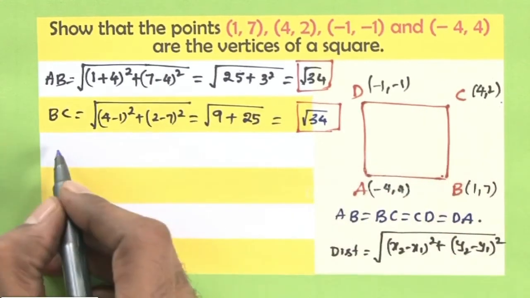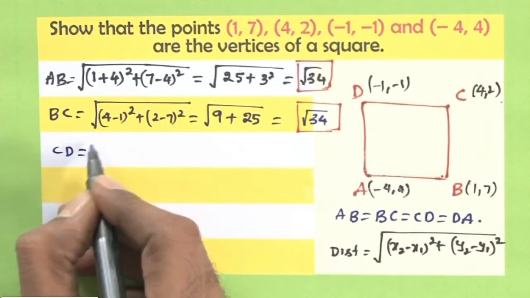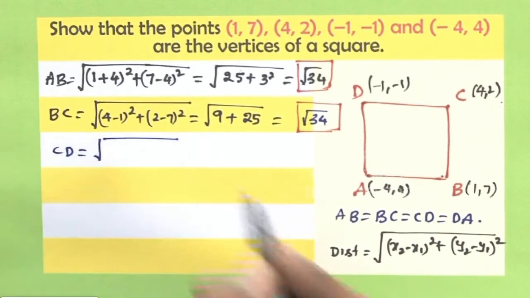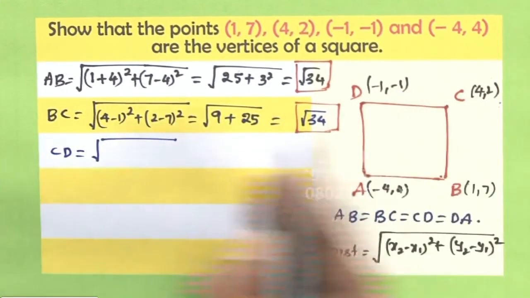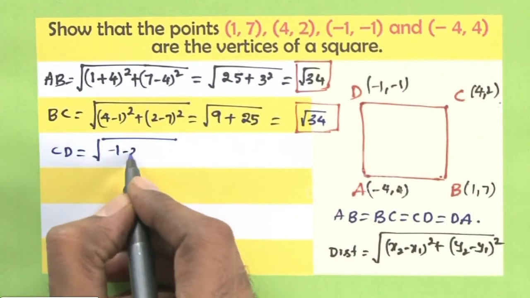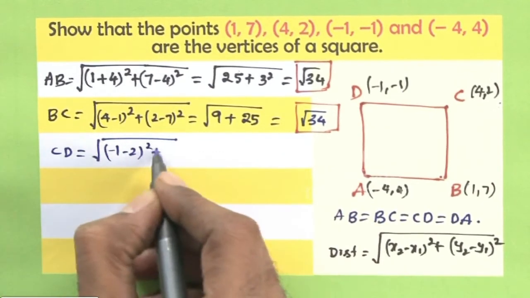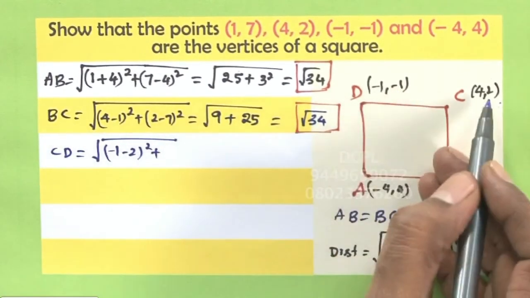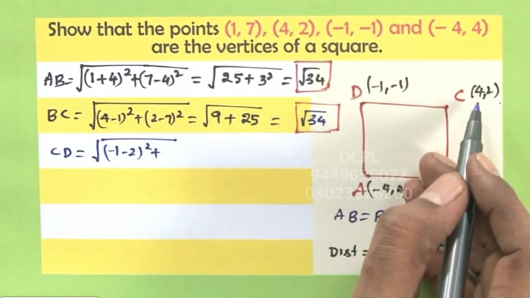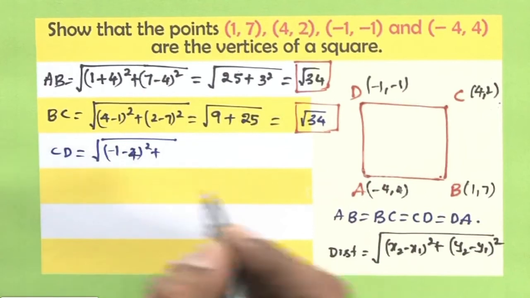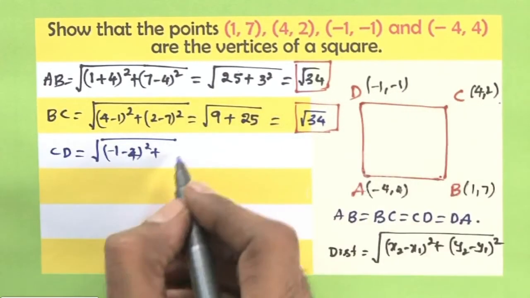Now what is CD? CD is given by square root of minus 1 minus 2 whole square plus minus 1 minus 4 whole square, that is, minus 1 minus 4 whole square plus minus 1 minus 2 whole square.